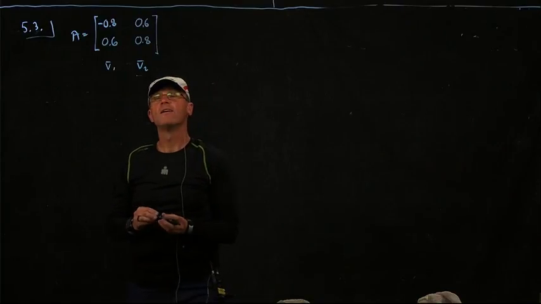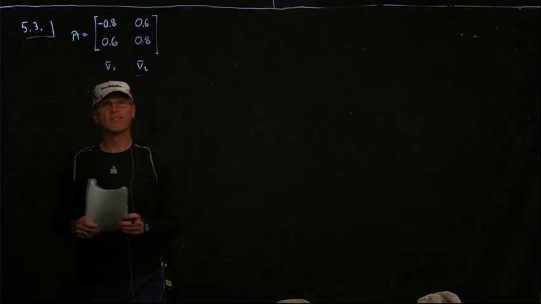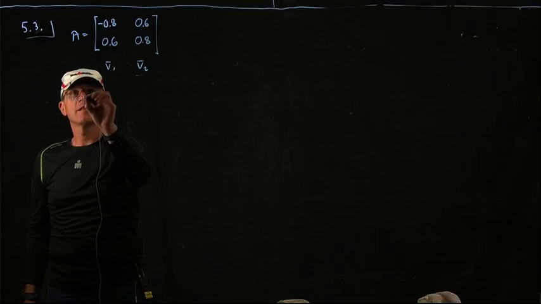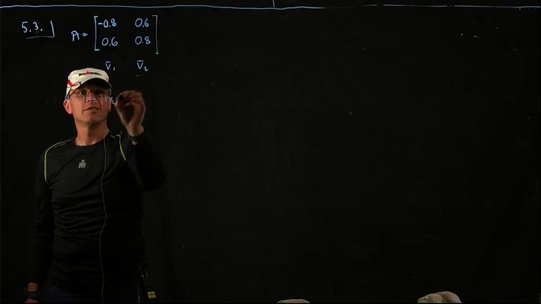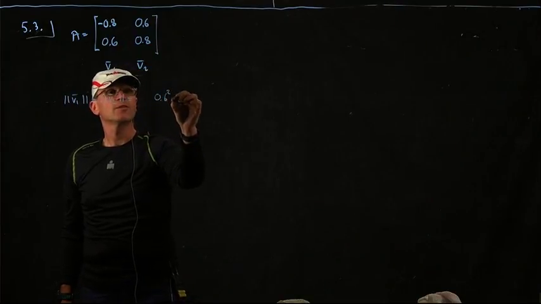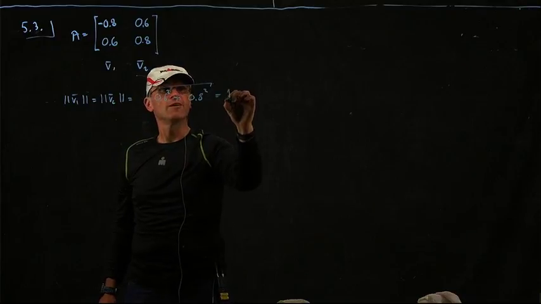Okay, so what do we have here? Well, the question is the same. Is this matrix orthogonal? And again, the length of V1 and V2 is 0.6 squared plus 0.8 squared, which is 1.